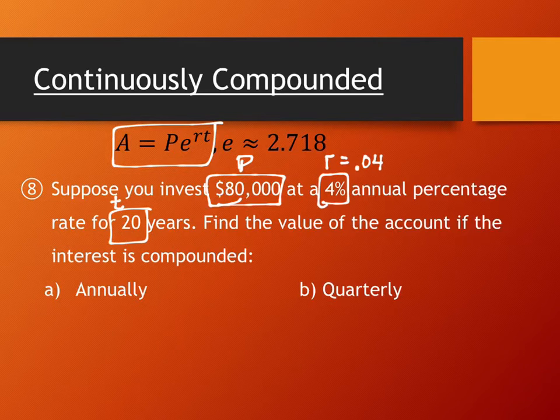So it is A equals P times (1 plus R over N) to the NT. I'm going to put that in orange because it'll show up a little bit better. Okay, so those are my 2 equations. All right, so the first one, part A, says annually. So which of the 2 equations am I going to use if it's annually compounded?